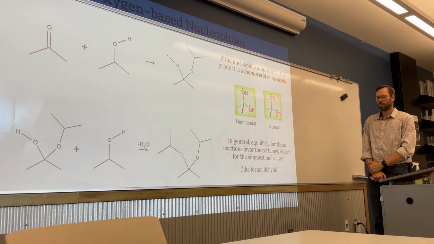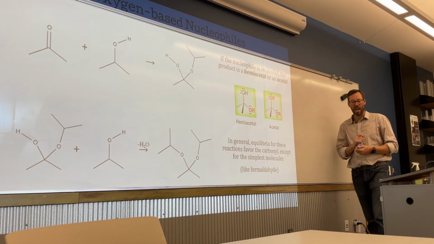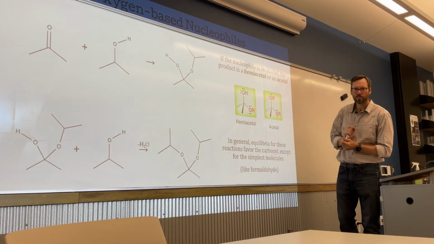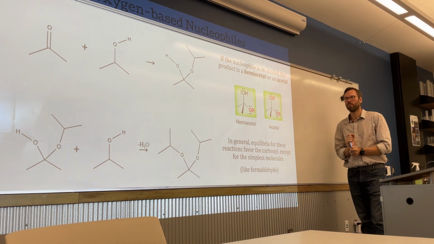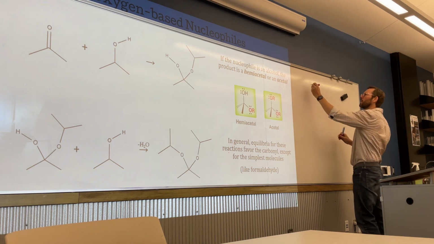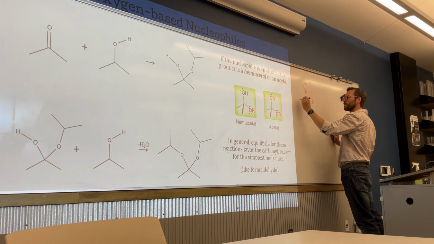Okay. And so formaldehyde can be turned into a hemiacetal, which is formalin. And that's what we use as a fixative for the most part. So if we had formalin, I think formaldehyde is that.